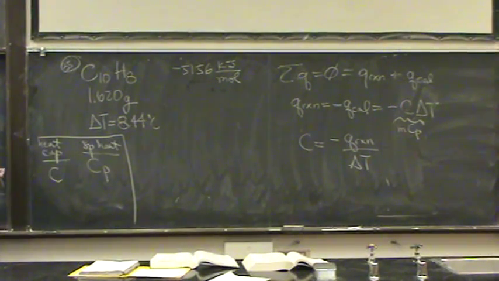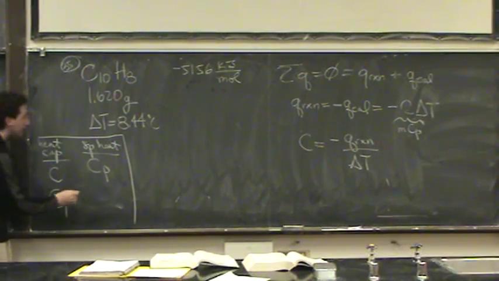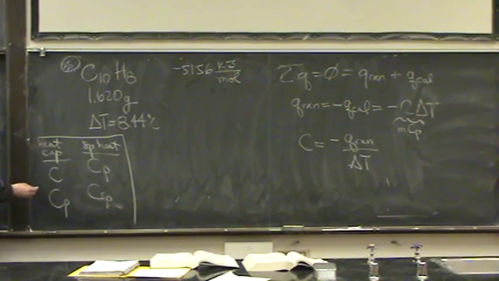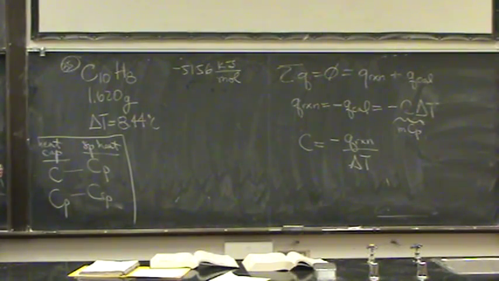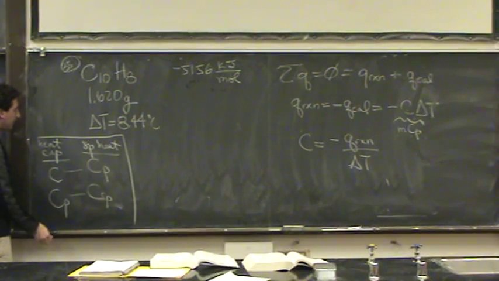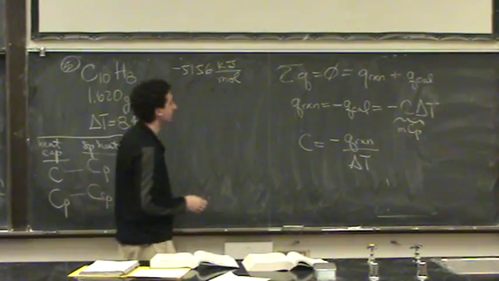On other books, to make things as complicated as possible, this is CP, and this is CSP. So for example, I think your lab manual uses this bottom one, but I believe the textbook uses the top one. So hopefully that doesn't make you too crazy, but CSP definitely is the specific heat, in which case this would be the heat capacity. Okay? So somehow figure that out if you can.